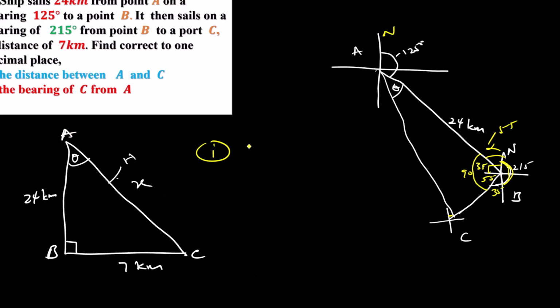So we have the longest side as AC, the same as x squared, equals AB squared, which is 24 squared, plus BC squared, which is 7 squared. So we have 576 plus 49. So we have 625.